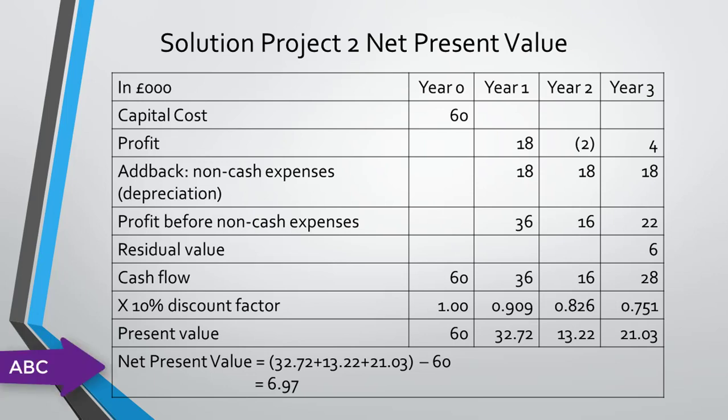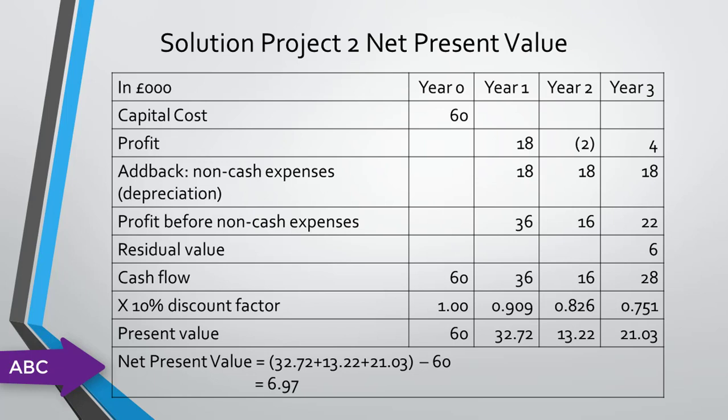So 60,000 multiplied by one factor, that's 60. And then year 1 we have 36 multiplied by 10% discount factor at year 1, you have 32,720 pounds. Year 2, that will be the same, using 16,000 multiplied by that 10% discount factor for the second year. And for third year, that will be multiplied also.